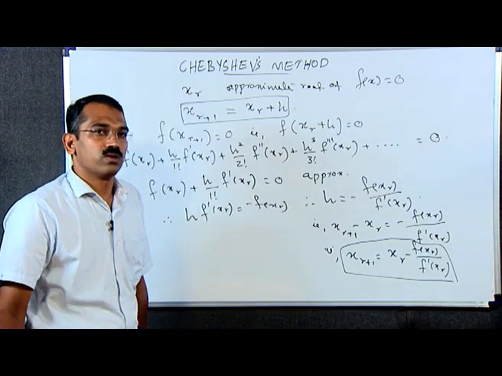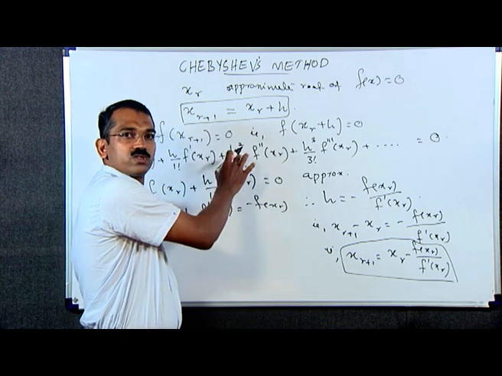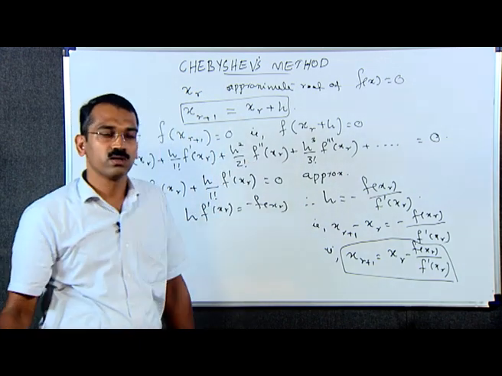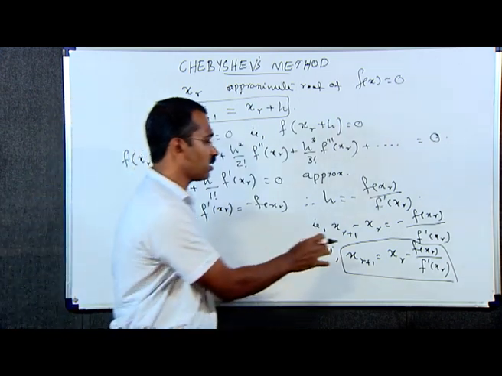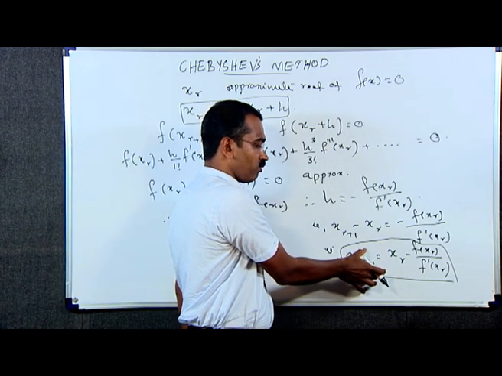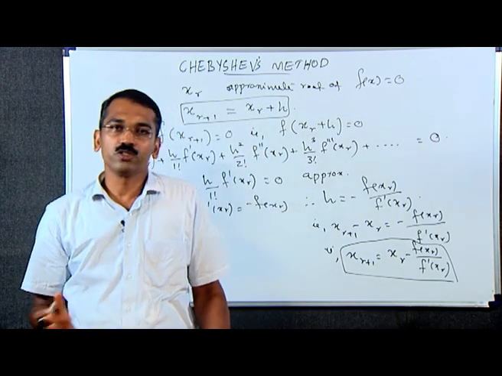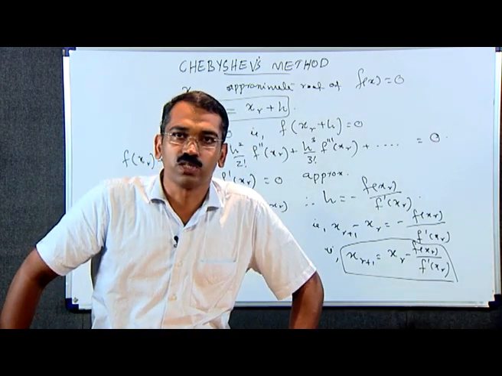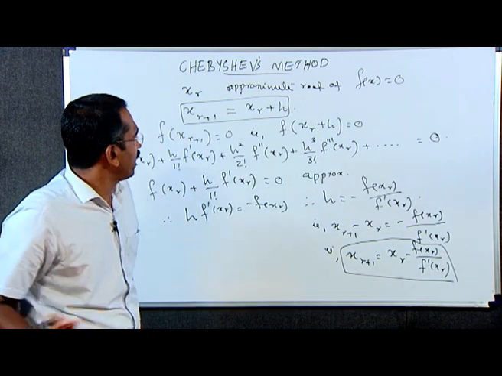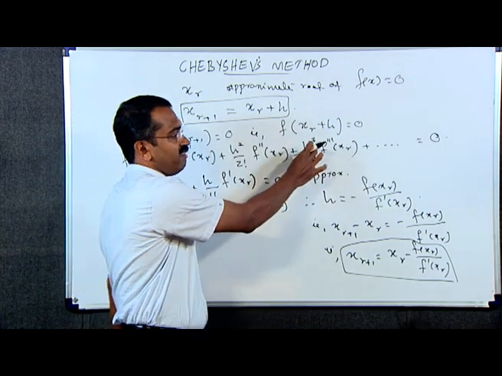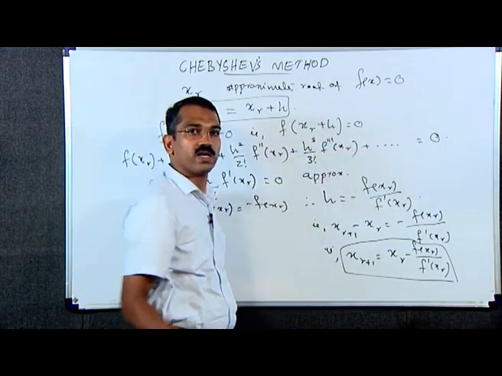Now, by using this formula, we will obtain a closer approximation for x_{r+1}. In order to get a better approximation to x_{r+1}, we can omit the terms having h cube and higher powers of h.